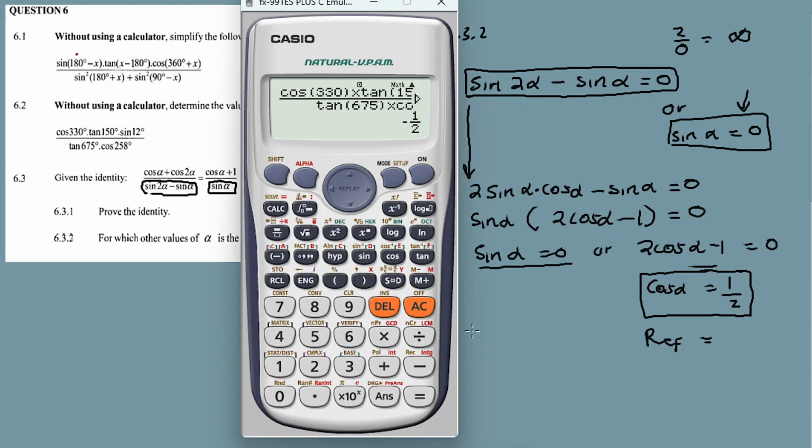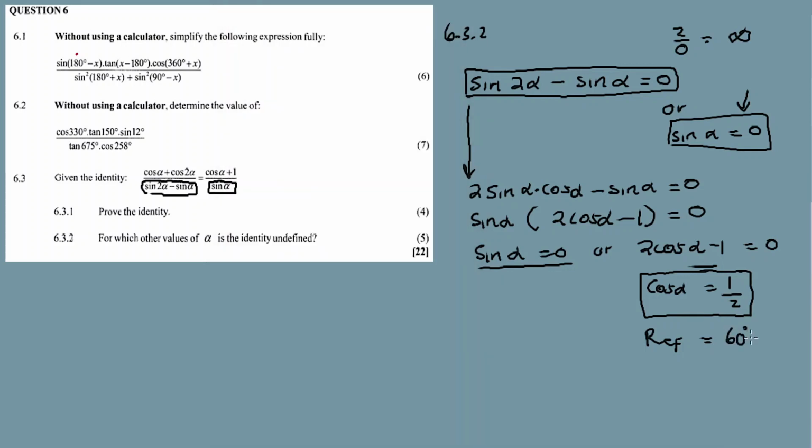So cos alpha equals 1 over 2. Our reference angle is the inverse cos function: shift cos 0.5 gives 60 degrees. Then apply positive cos, which is in the first quadrant and the fourth quadrant.